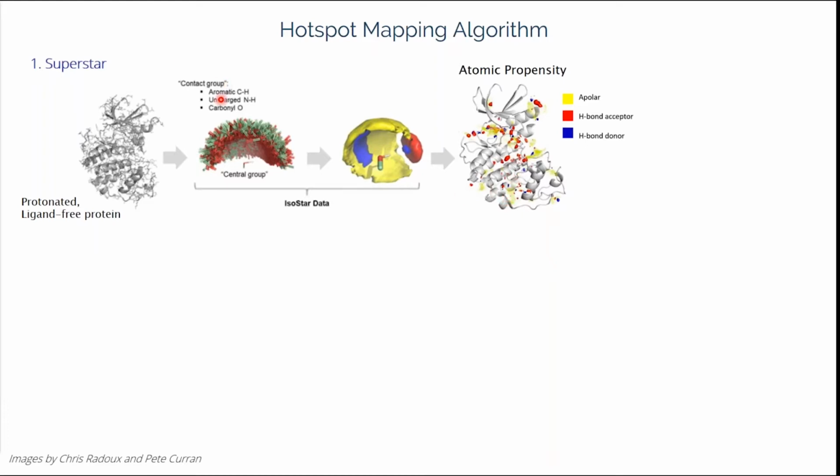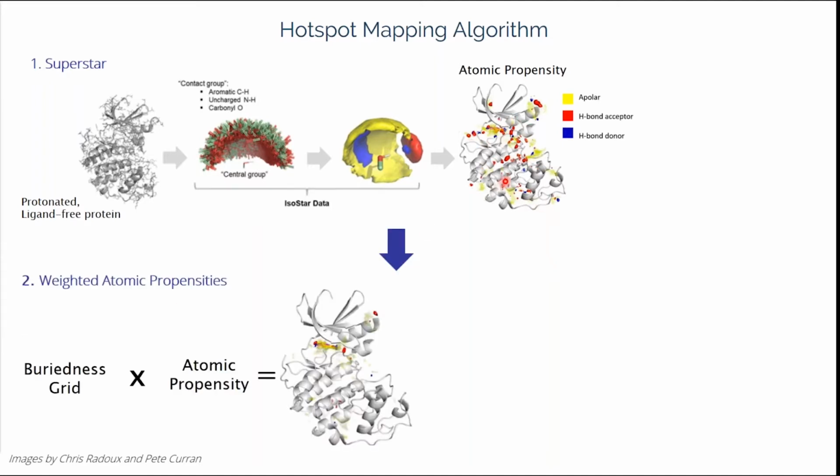The contact groups themselves are single atom probes, and for the Fragment Hotspot Maps method, we use 3 different ones. There's an aromatic CH carbon probe, which is used to look for apolar interactions, an uncharged NH nitrogen as the hydrogen bond donor probe, and the carbonyl oxygen as the hydrogen bond acceptor probe. These generate these kinds of propensity maps.